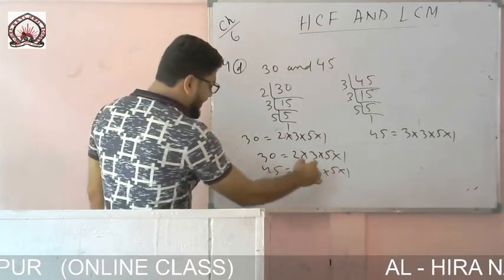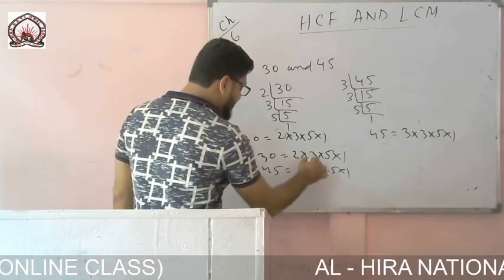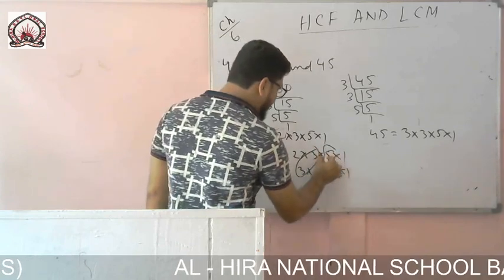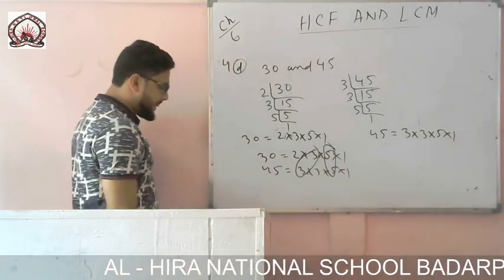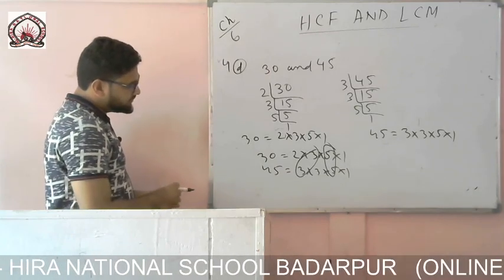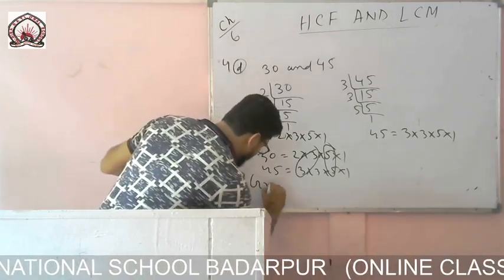From this, 3 is common and 5 is common. Now write grouping the factors.